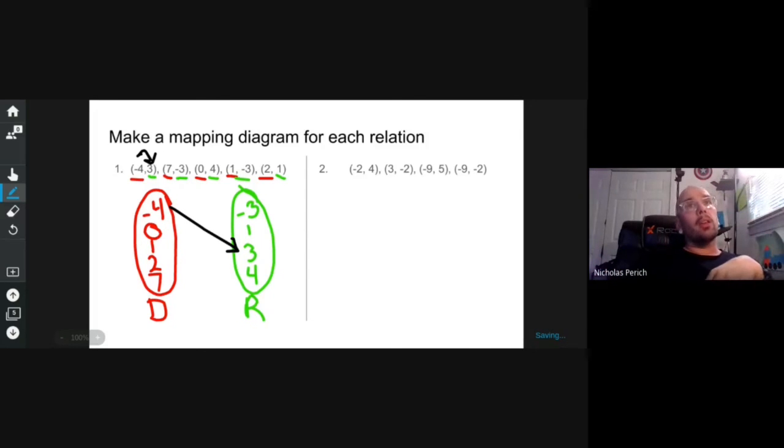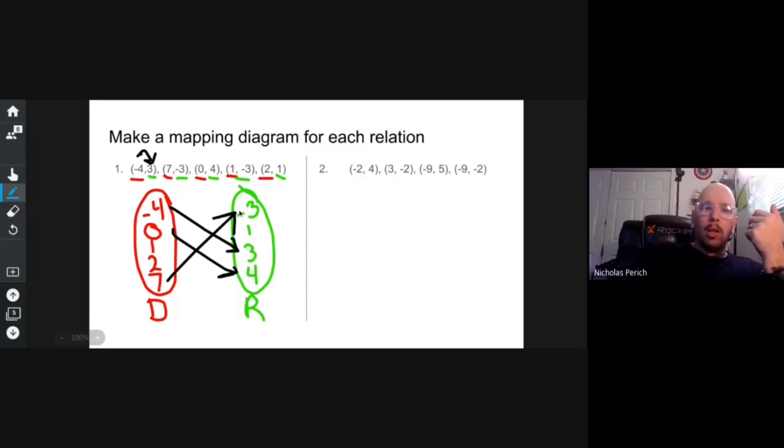And then 0 goes to 4, because up here, 0 goes to 4. 7 goes to -3. 1 goes to -3. So yep, I have 2 different arrows going to the same number. That's fine. And 2 goes to 1.